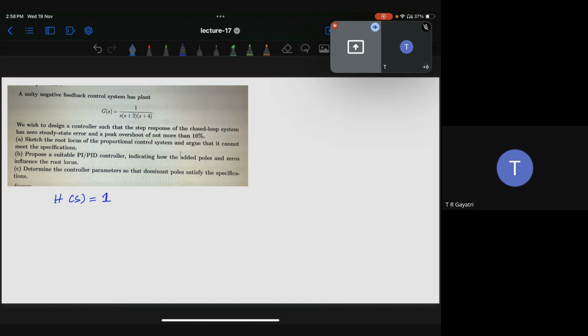Feedback control system, so G of s is given: 1 by s multiplied by (s plus 2)(s plus 4). We want to design a controller such that the step response of the closed loop system should have zero steady state error, and peak overshoot must not be greater than 10%. So it means our design requirements.